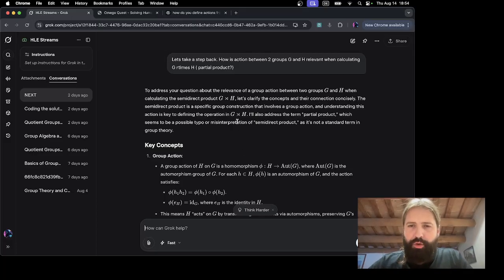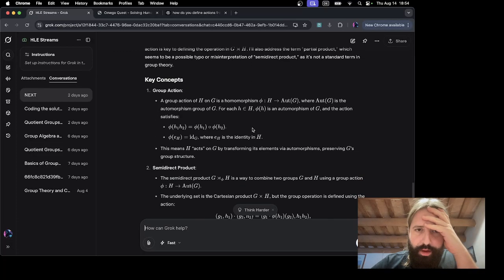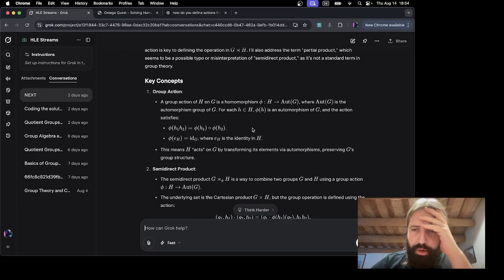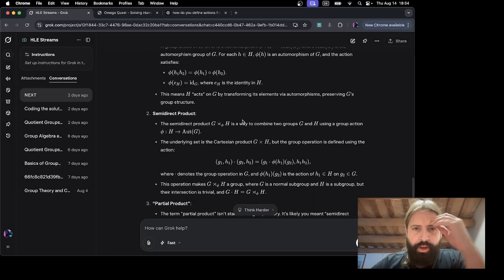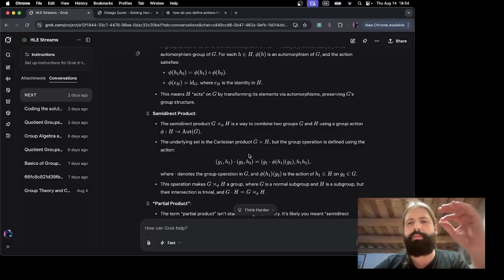Semi-direct product, a specific group construction that involves a group action, and the sentence action is key. Okay. The term partial product seems to be a semi-direct product. It's not a standard term. Yeah, exactly. So a group action of G on H is a homomorphism. Okay, we know that. It's just a mapping from one group to another. All fine. The semi-direct product of G and H has that action there. This is a way to combine two groups, G and H, using a group action.